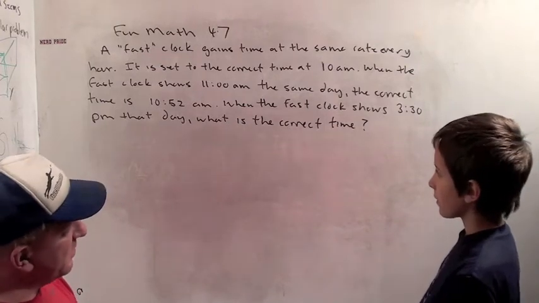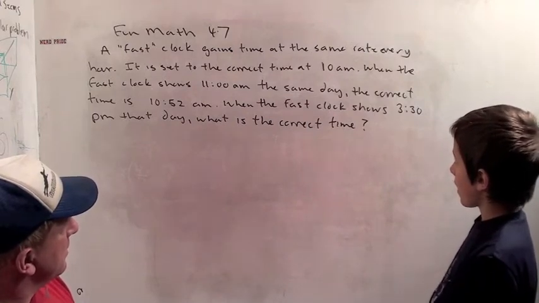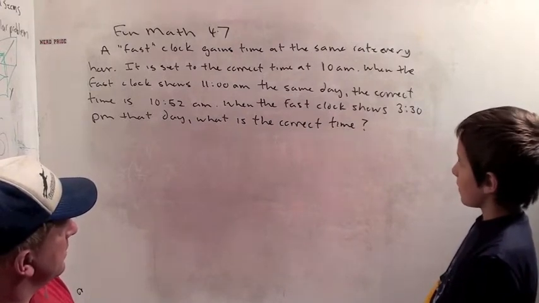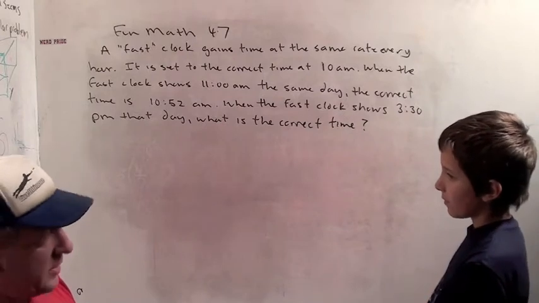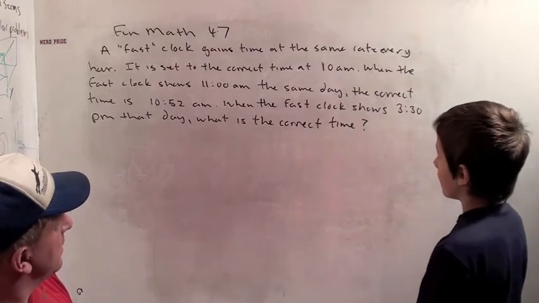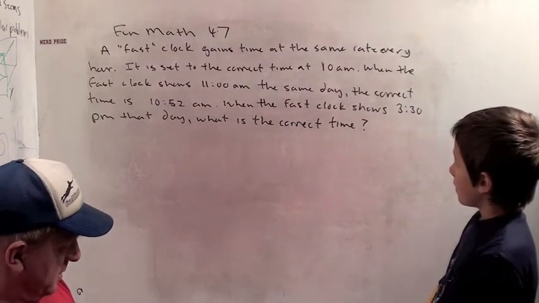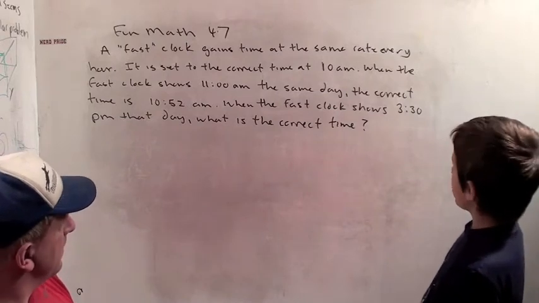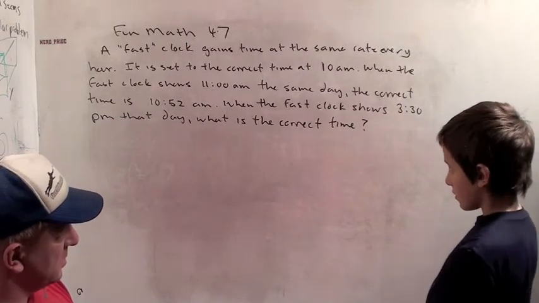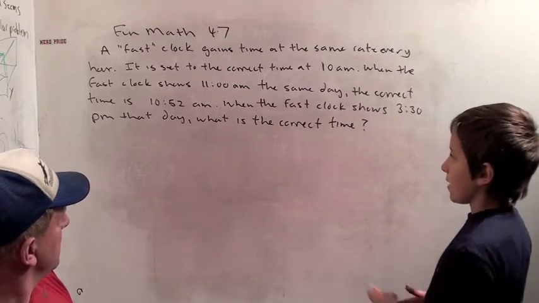All right, so tell me some important things that are in the problem. We've got a clock that gains time the same amount of time every hour. It's set to the correct time at 10 a.m. When the fast clock shows 11 o'clock, the real time is 10:52.